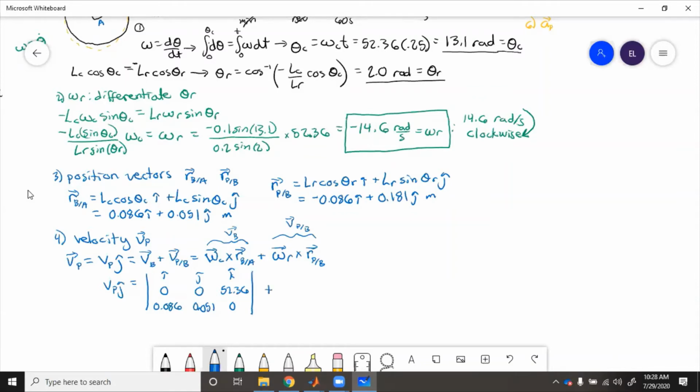So that cross product plus this cross product, I, J, K, 0, 0, 2, because omega R is 2, and then the components of RP with respect to B, negative 0.086, 0.181, 0.